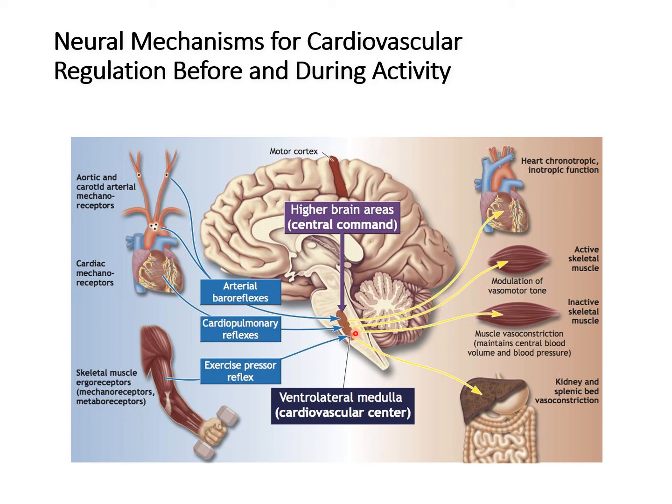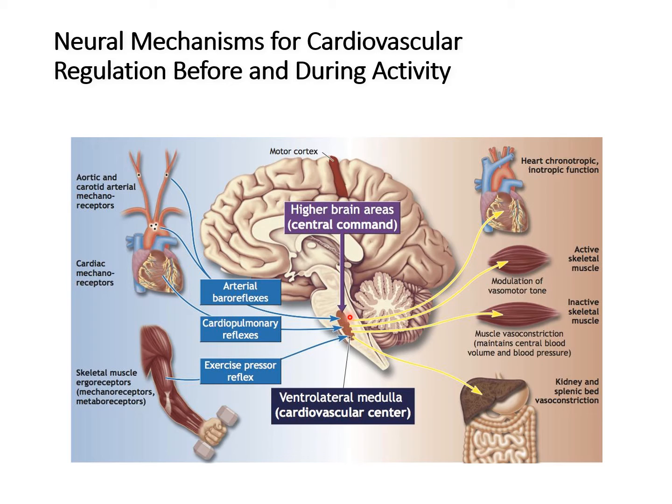That gets sent to the ventrolateral medulla, and that causes an influence on that heart rate as well. So you have a lot of things that are influencing heart rate and this flow of blood to different areas, right?